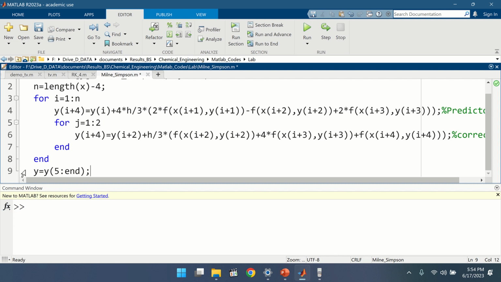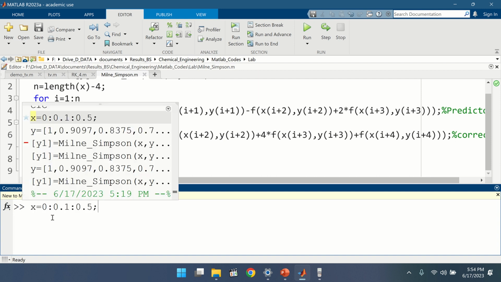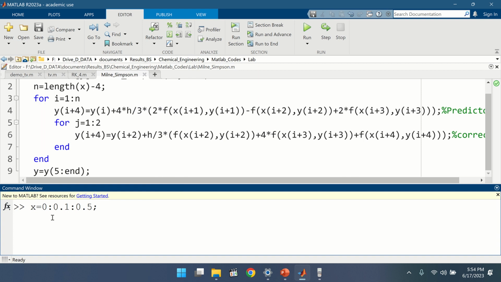If you want to display them, you'll simply say y, and you don't need to do that. You'll just comment this one, so you'll be getting all the values of y, including the initial values, including the given value found by some other method. So how could you run this? You need to define x first. If you take the previous example, we were interested in finding the value at 0.4.